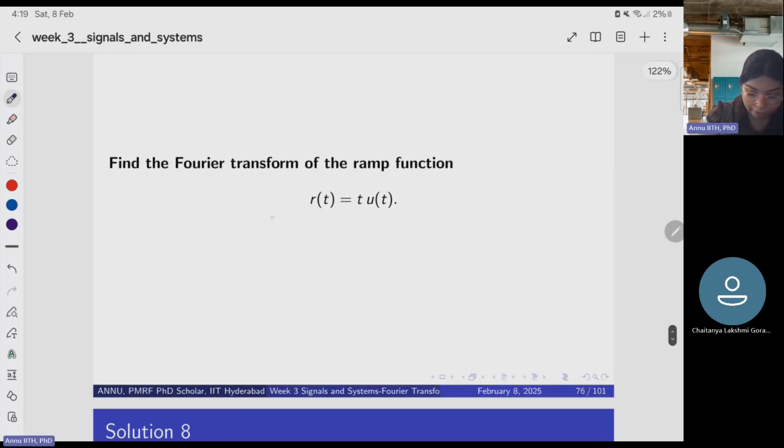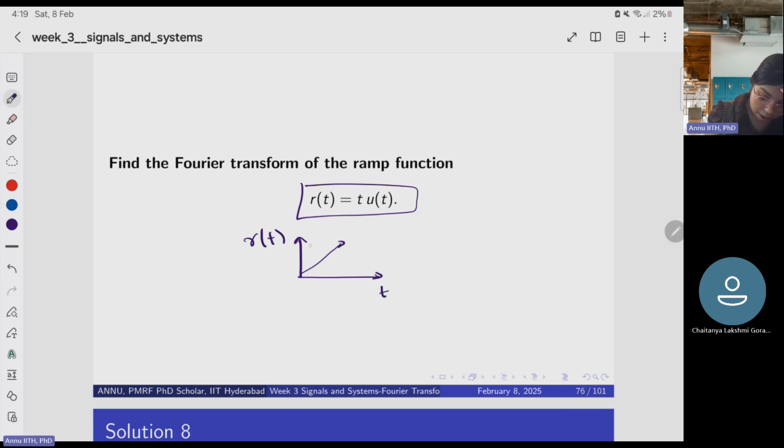Now, Fourier transform of the ramp function. Again, we need to go with the formula. This is r(t), this is t. So the integral from minus infinity to infinity of t e^(-j2πft) dt. It is 0 to infinity because it is u(t).